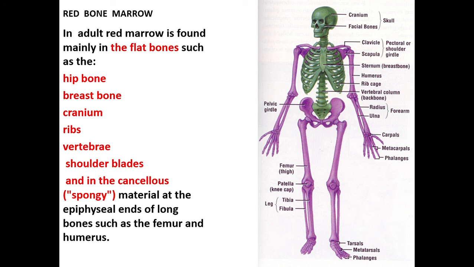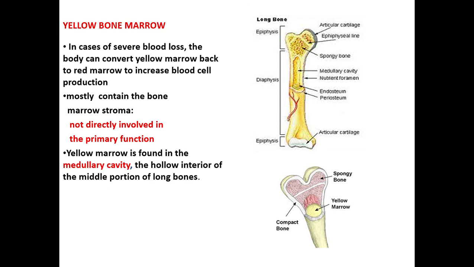It is here where the red bone marrow is very active in the production of blood cells. In cases of severe blood loss, the body can convert yellow marrow back to red marrow to increase blood cell production.